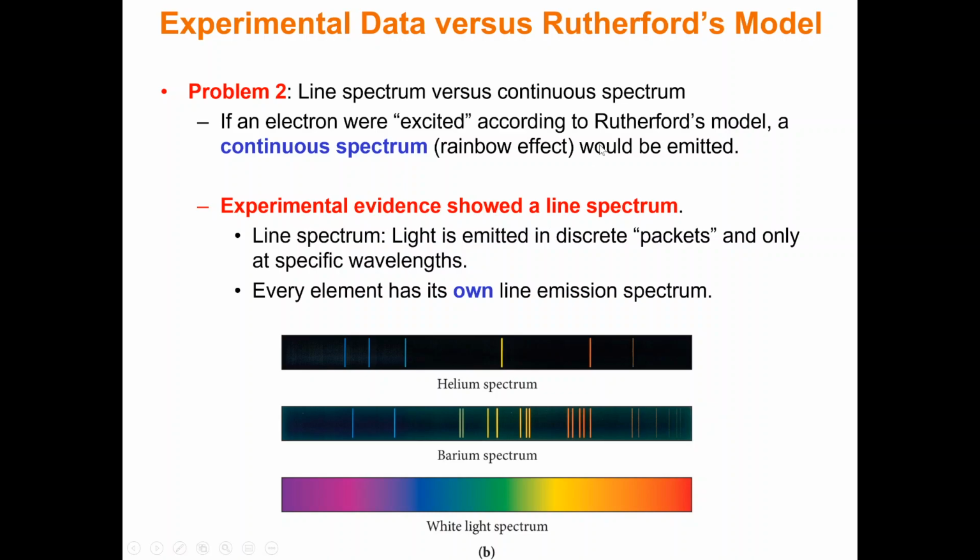But we have experimental evidence that shows just the opposite. We don't see a continuous spectrum, we see a line spectrum. So we have lines that are emitted in discrete packets, discrete lines at specific wavelengths. And we see that every element has its own emission spectrum. Okay, so those are just a couple problems with the Rutherford model.